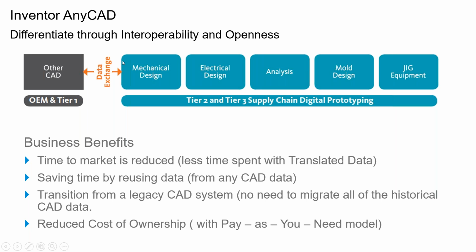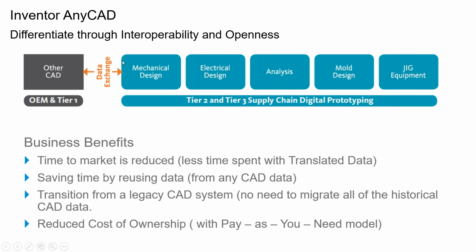And everybody who has worked on these files knows the pain of working with these kinds of neutral files, because they do not contain all the data. There are a lot of geometrical inaccuracies, as well as a lot of data that could be lost in the entire process. So that is where Inventor AnyCAD can help you to directly read or import the data without any kind of data loss.